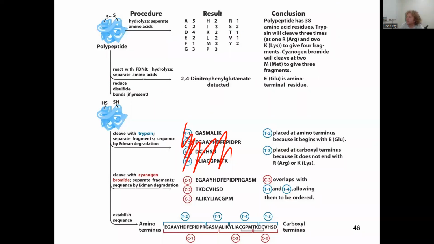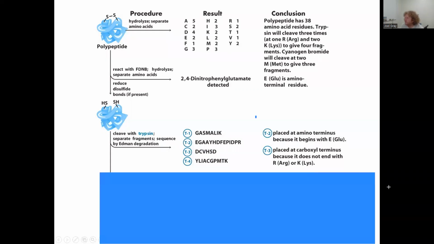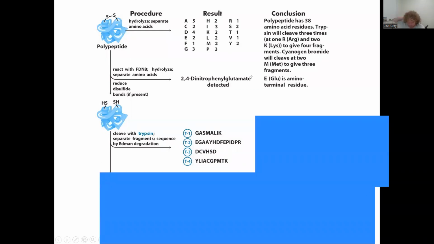Let me go ahead and draw some more boxes. What we find, this first bit of information that we get, is that when we take this polypeptide, we break the disulfide bond, and then we give it one of these molecular scissors.